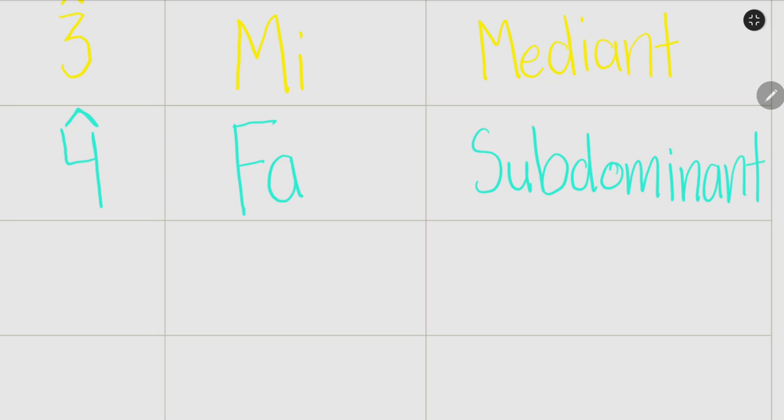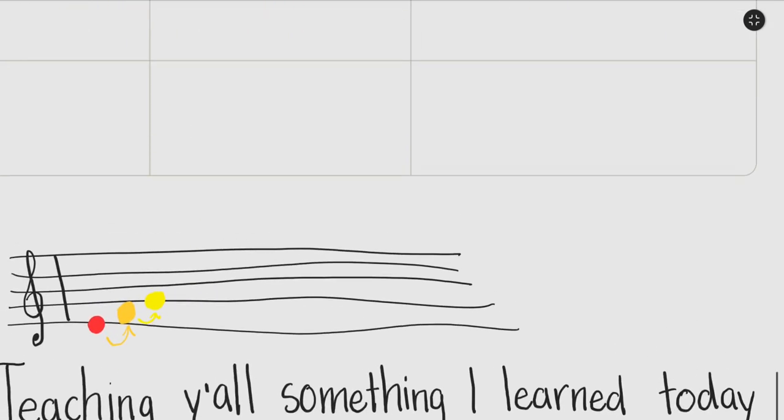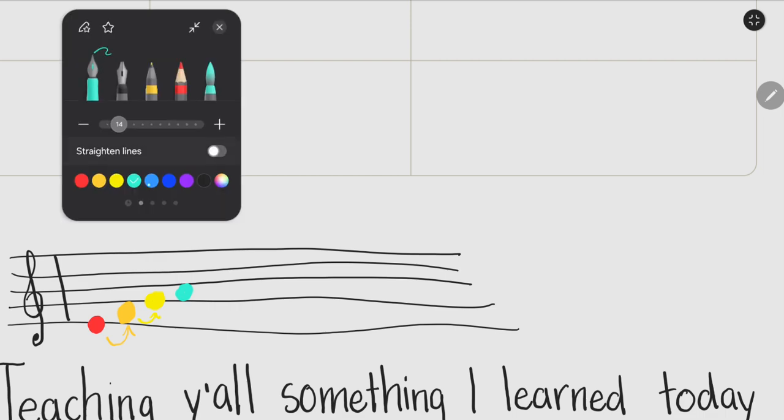And you might wonder why it's called subdominant. It's because it's below the dominant, like right below our dominant. So let's put it up here. So you might guess where our dominant is going to be, and it's right above.